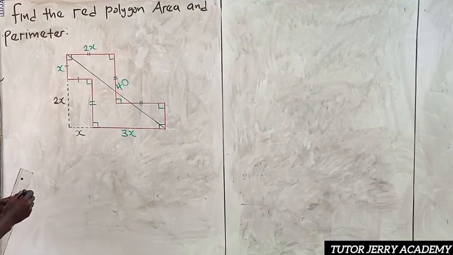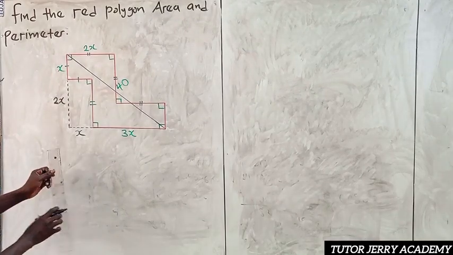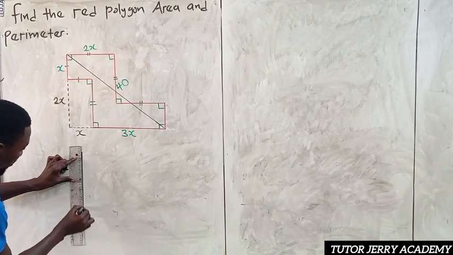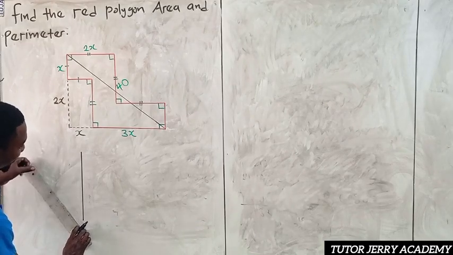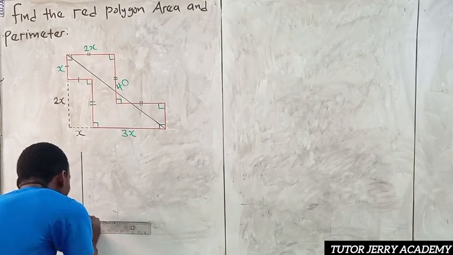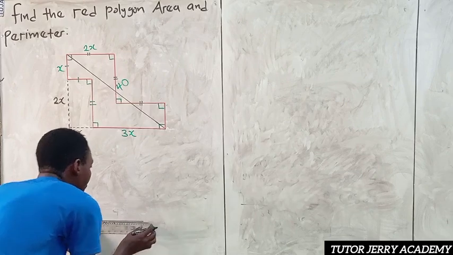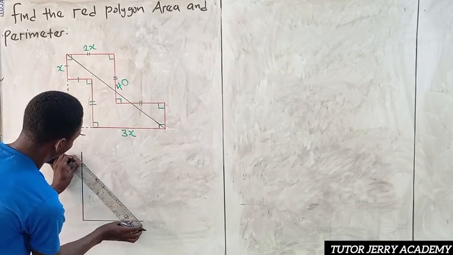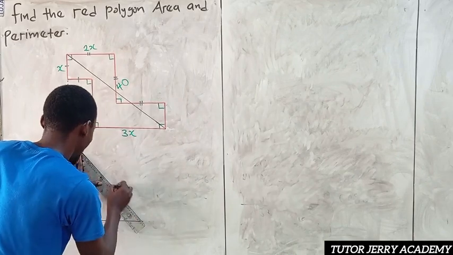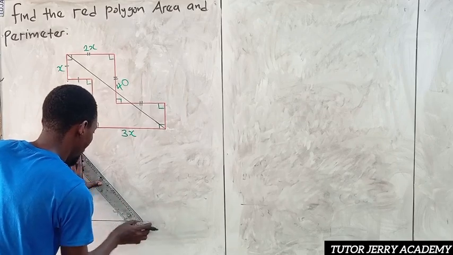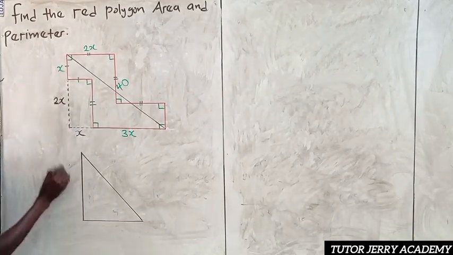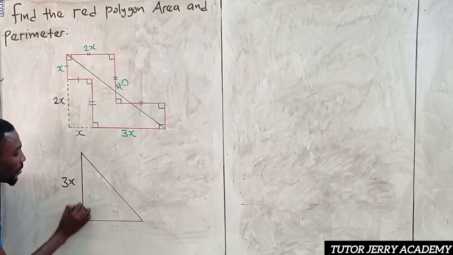All right, so if we bring out the triangle now, we are going to have something like this. I love bringing out everything so that you can see yourself clearly. All right, so now the total length here is going to be 2s plus s, which is 3s.